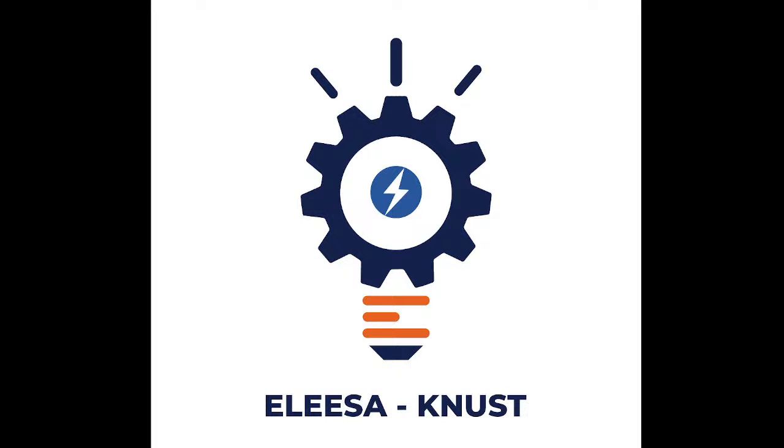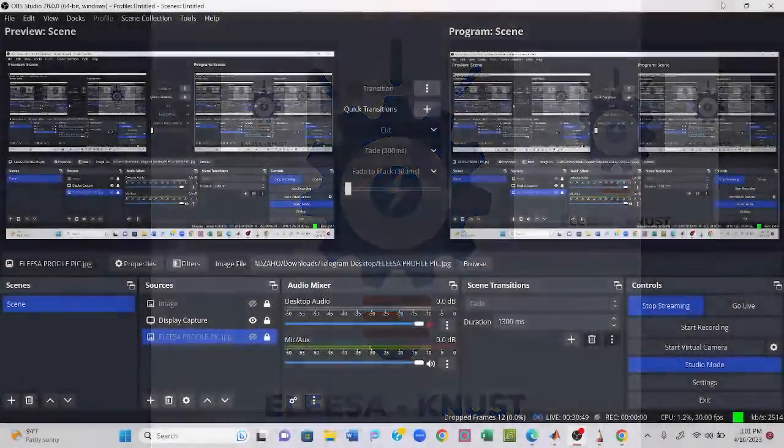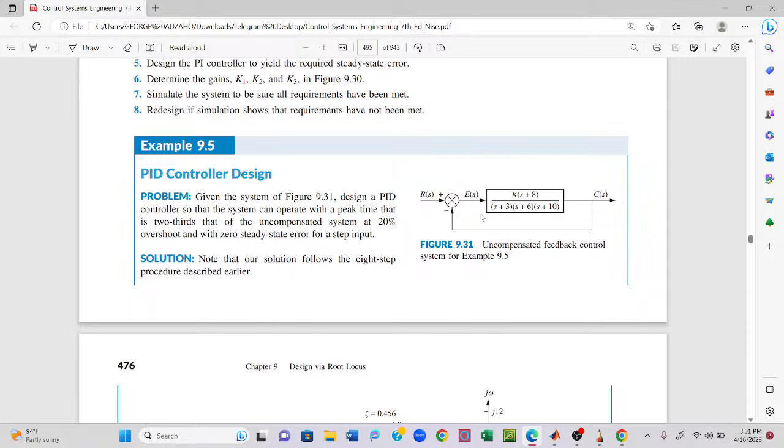So the PID, we are coming to solve this question. Given the system in problem 9.31, design a PID controller so that the system can operate with a peak time that is 2/3 of the uncompensated system at 20% overshoot, and zero steady-state error for a step input.